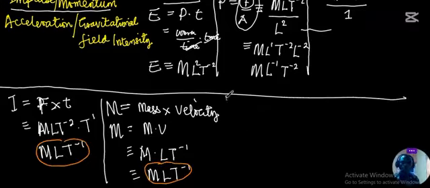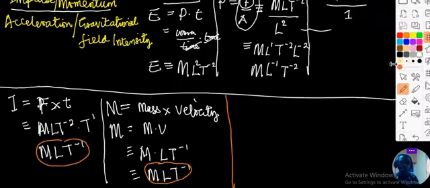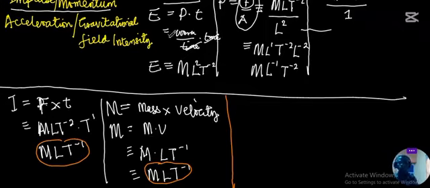So lastly, we look at acceleration and gravitational field intensity. Acceleration of a body is given by acceleration a equals change in velocity over time.